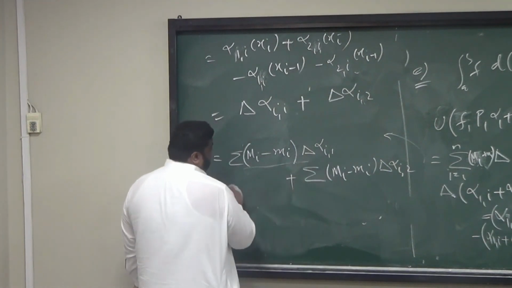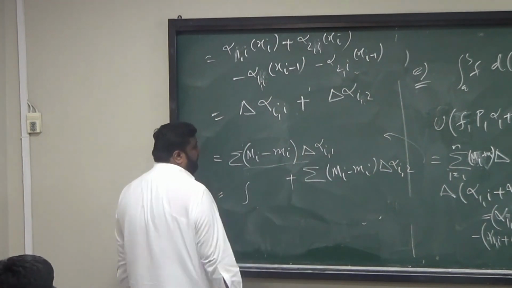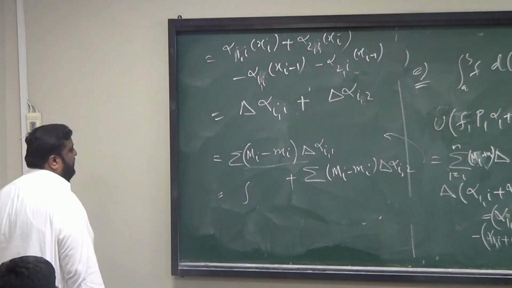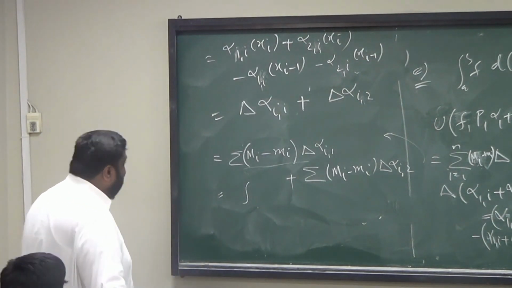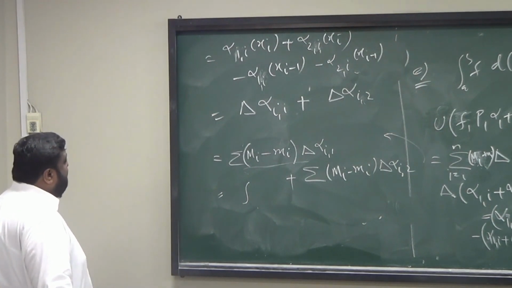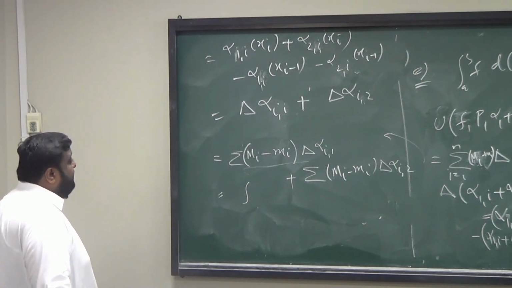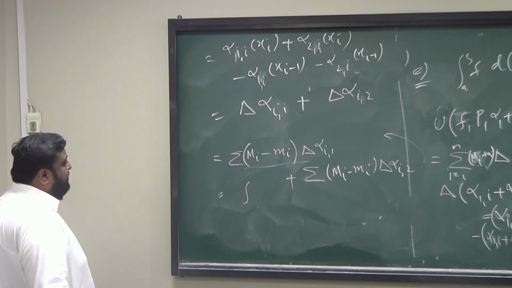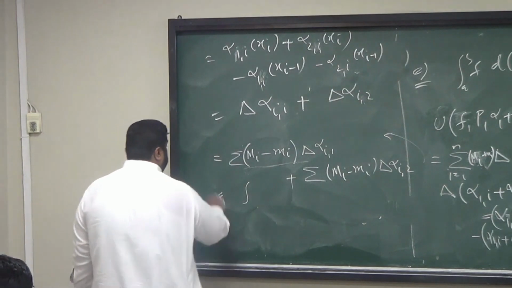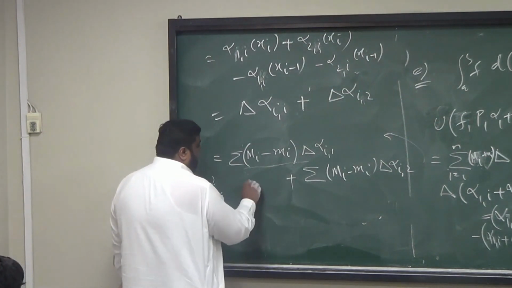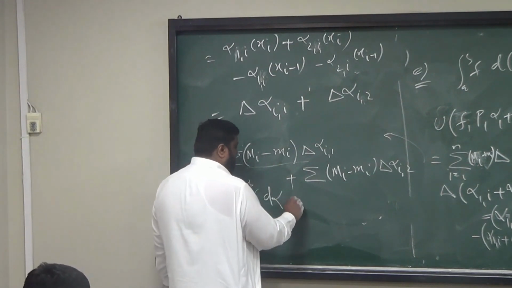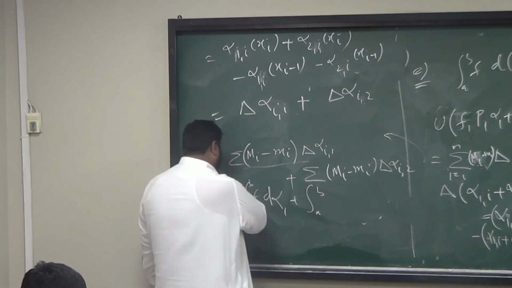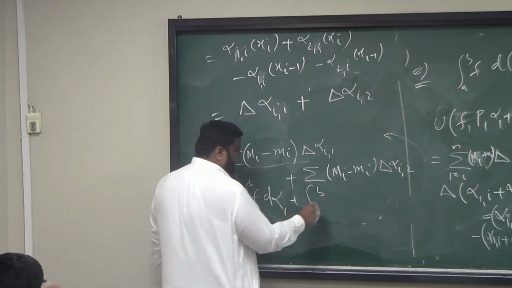And my claim is this is nothing but, you have to be careful, what will this difference be? Would that be the integral from a to b of f d alpha 1 plus the integral from a to b of f d alpha 2? I'm not sure. Just think about it.